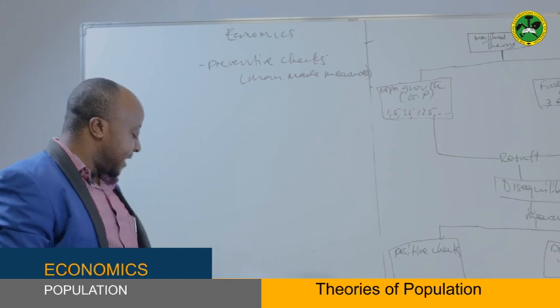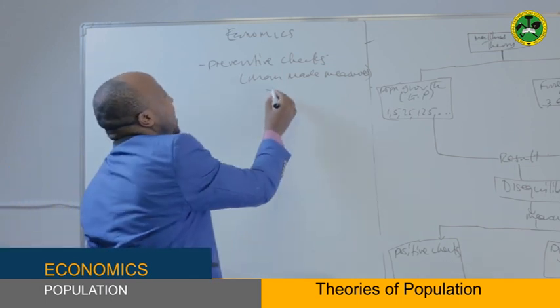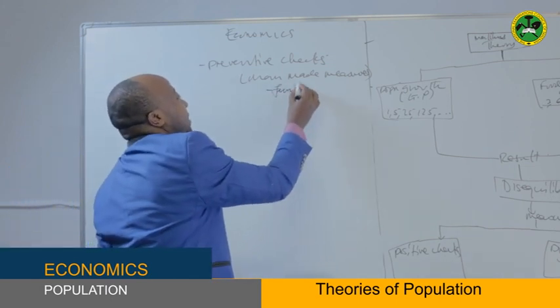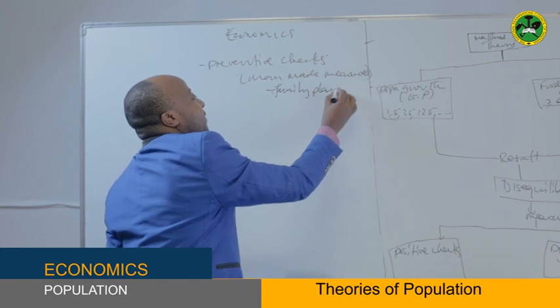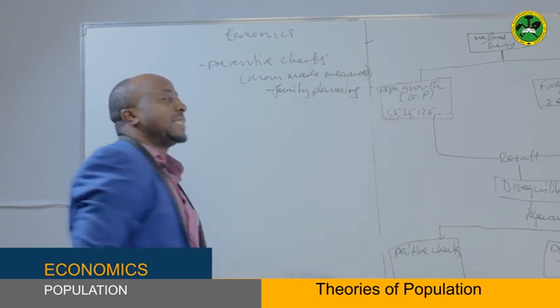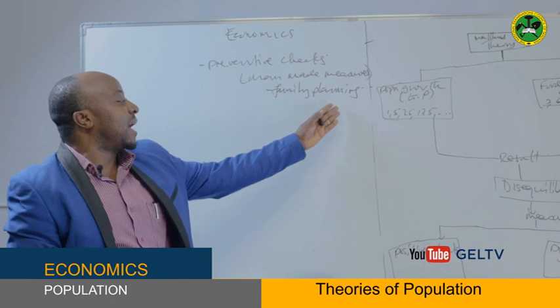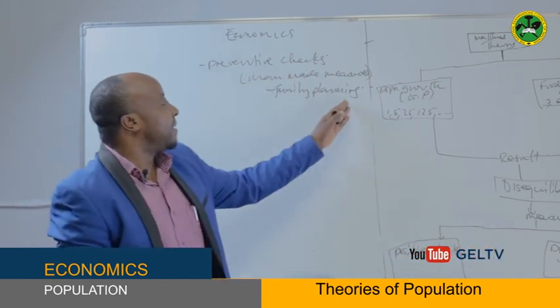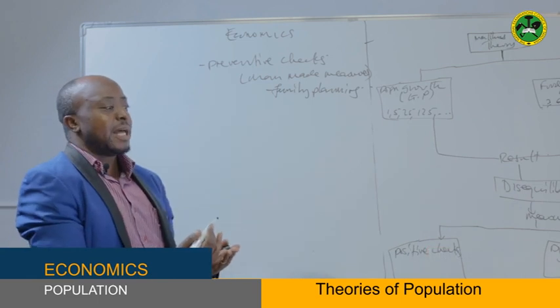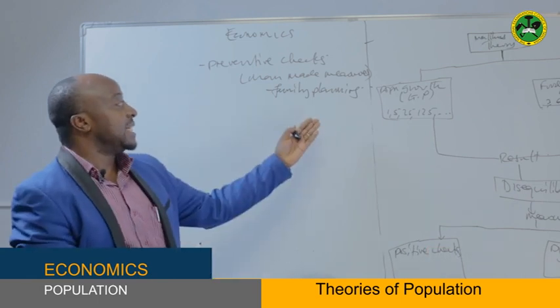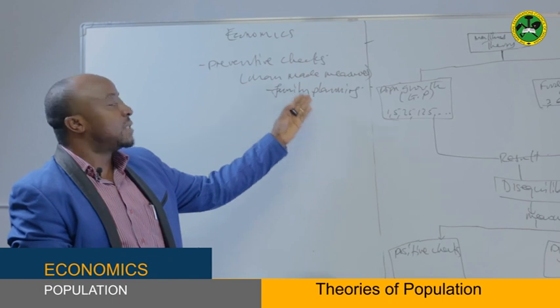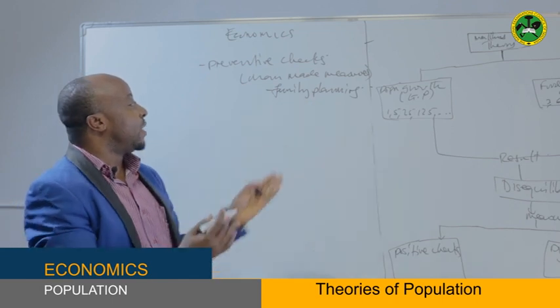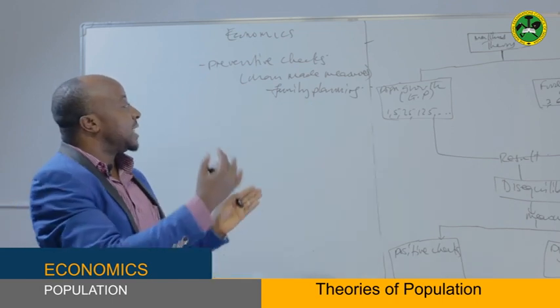Now these measures include, for example, family planning. If you find a country emphasizing family planning programs, it is taking preventive measures, because the aim of family planning is to reduce birth. We are not reducing the number of children directly, it is indirect, because family planning means you give a reasonable gap between one child and the other.